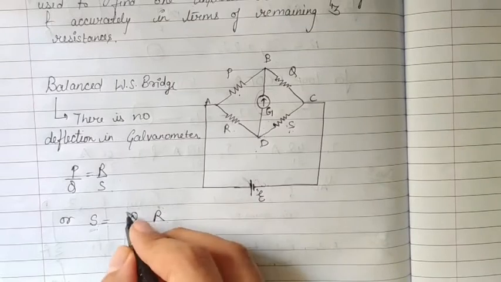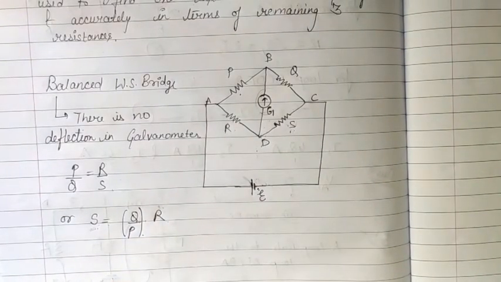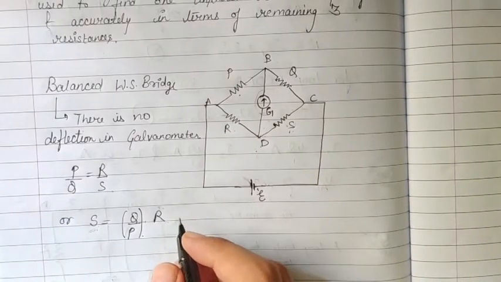Here this Q upon P shows the ratio of resistances Q and P, and the resistance capital R is that resistance that we are going to adjust.